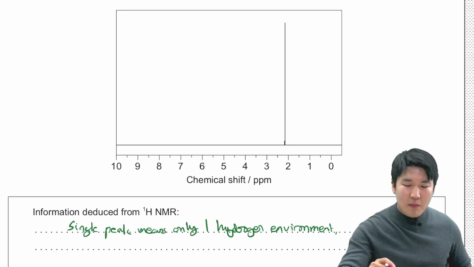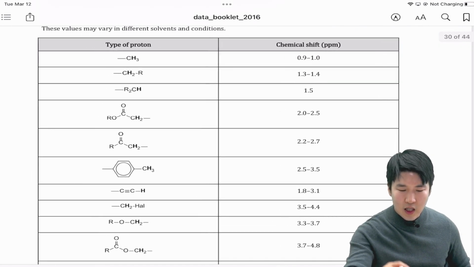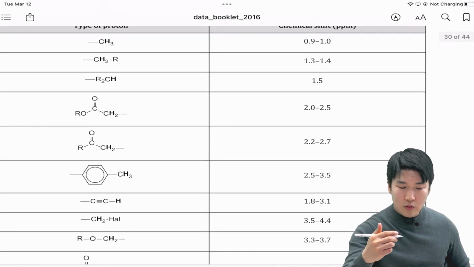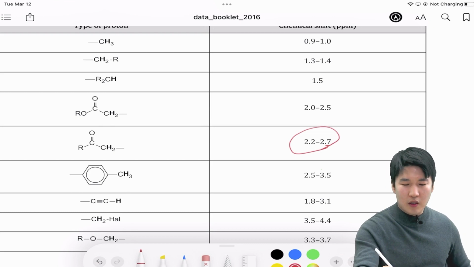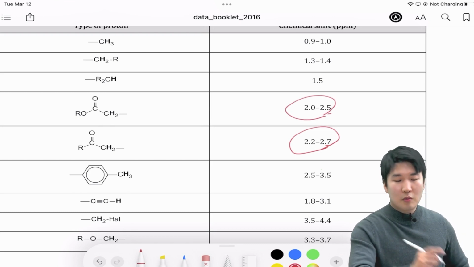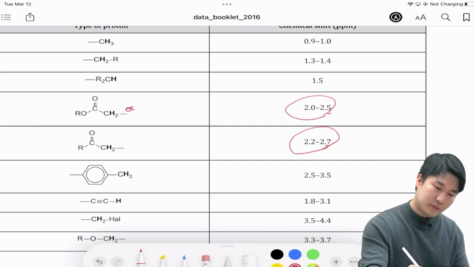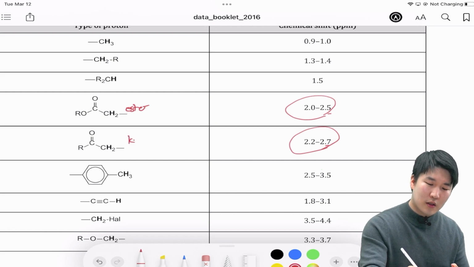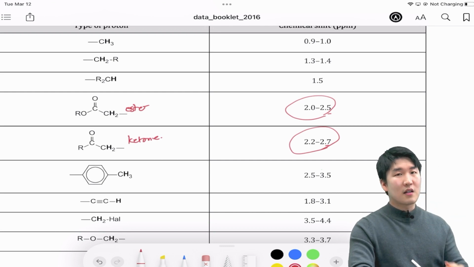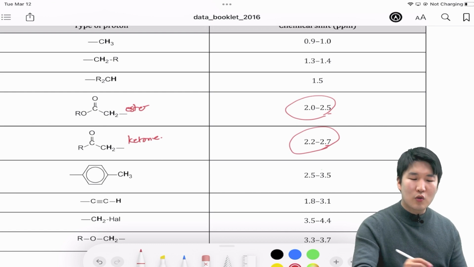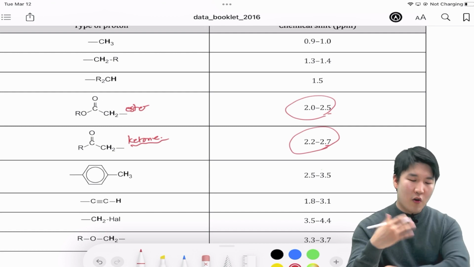And if we look at the NMR data, 2.2 tells us this could either be a CH2 bonded to a CH2 within an ester, or a CH2 within a ketone. Okay, could be either. But because we know that there's a carbonyl group, not an ester group, we know ketone will be the homologous series of our unknown compound.